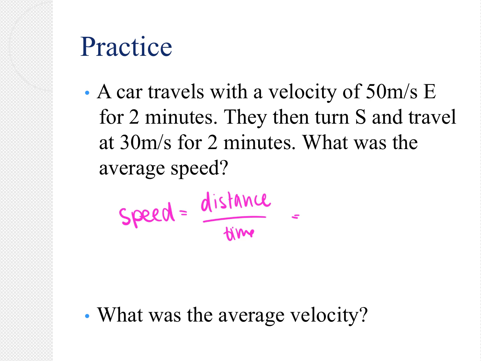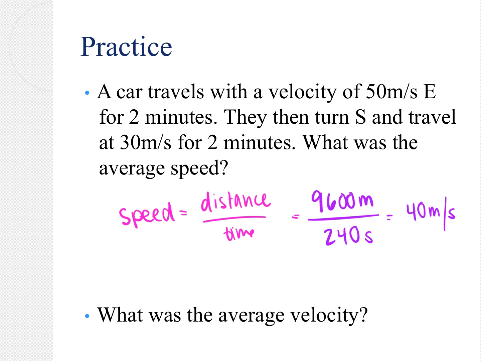Can you look back on that problem and find out what was my total distance traveled? 9,600 meters. And how long did it take for me to travel all of those meters? 240 seconds, right? Because that's 4 minutes. So that means I traveled an average of 40 meters per second, right?